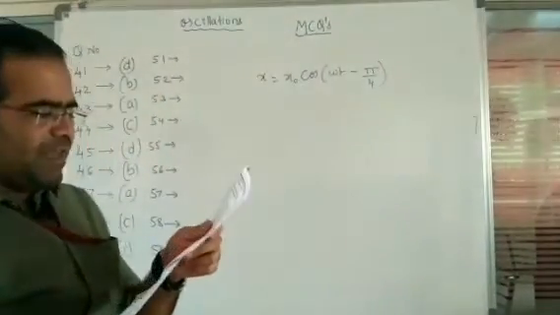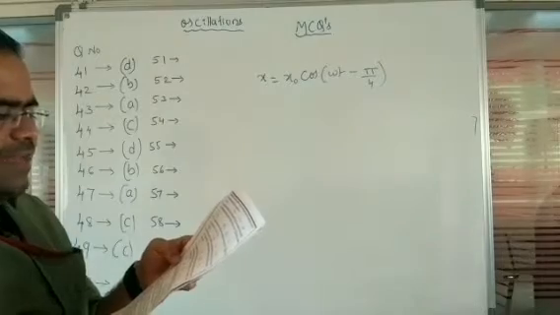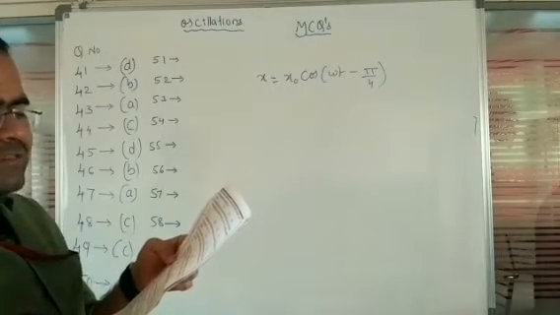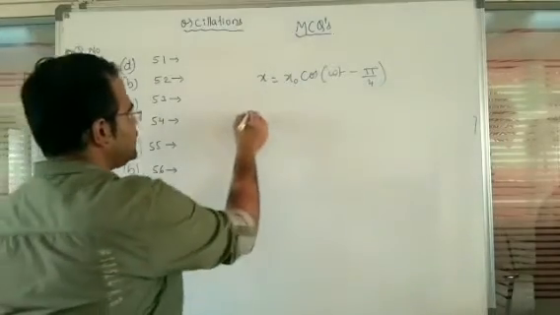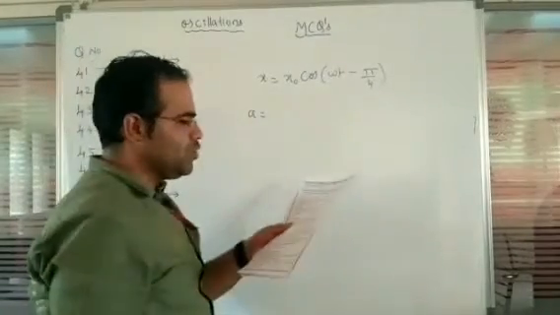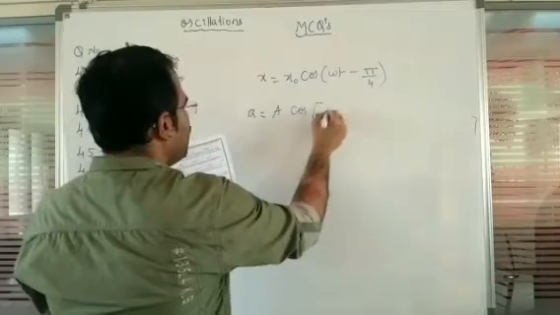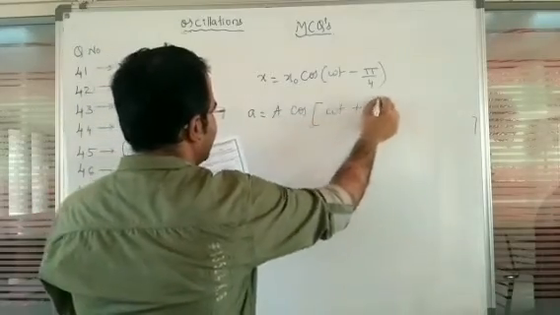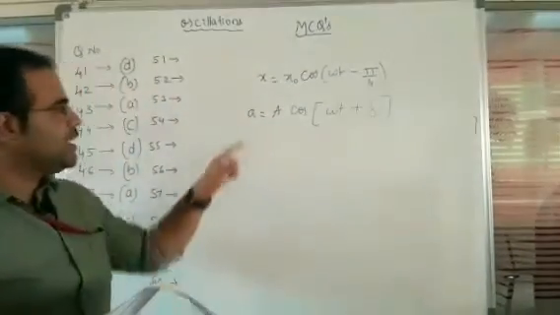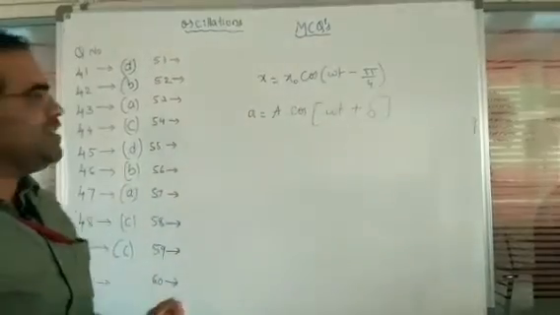Now when we observe here, if the acceleration of the particle is written as a is equal to capital A multiplied by cos of omega t plus lambda. So this is a given equation. So the acceleration of a SHM is given here.